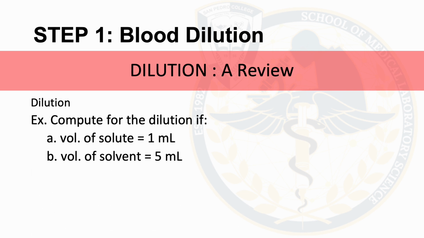So for example, if you have 1 ml of solute and 5 ml of diluent. If you will check the formula, what does the formula say? Dilution is equal to solute divided by total volume. So the computation here would be, dilution is equal to 1 ml divided by 6 ml, right? 6 ml because the denominator should be the total volume, which is the sum of your solute and solvent.